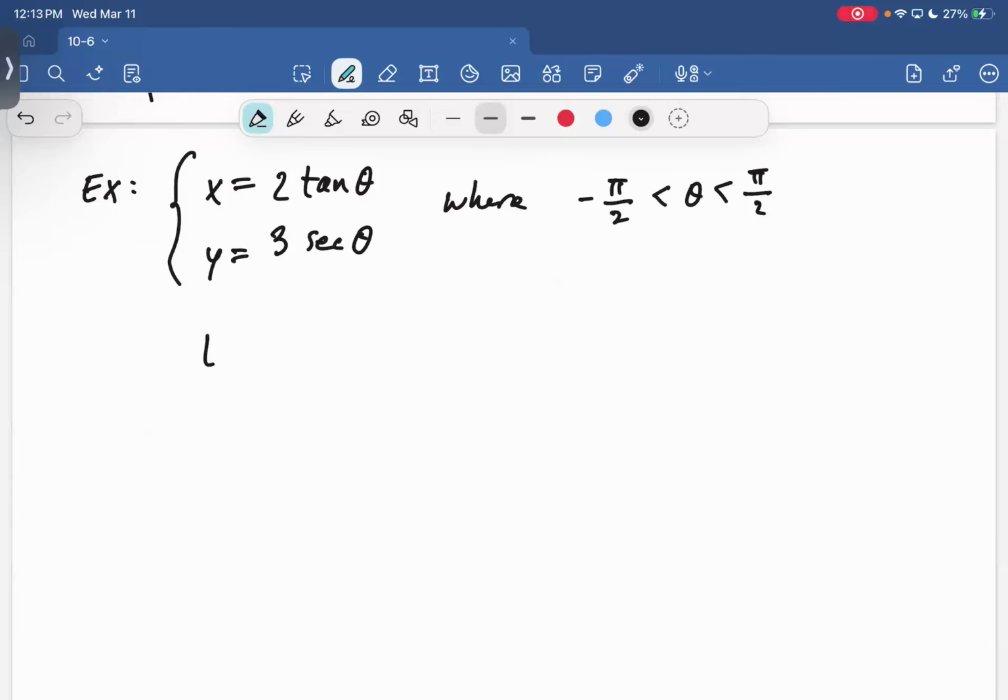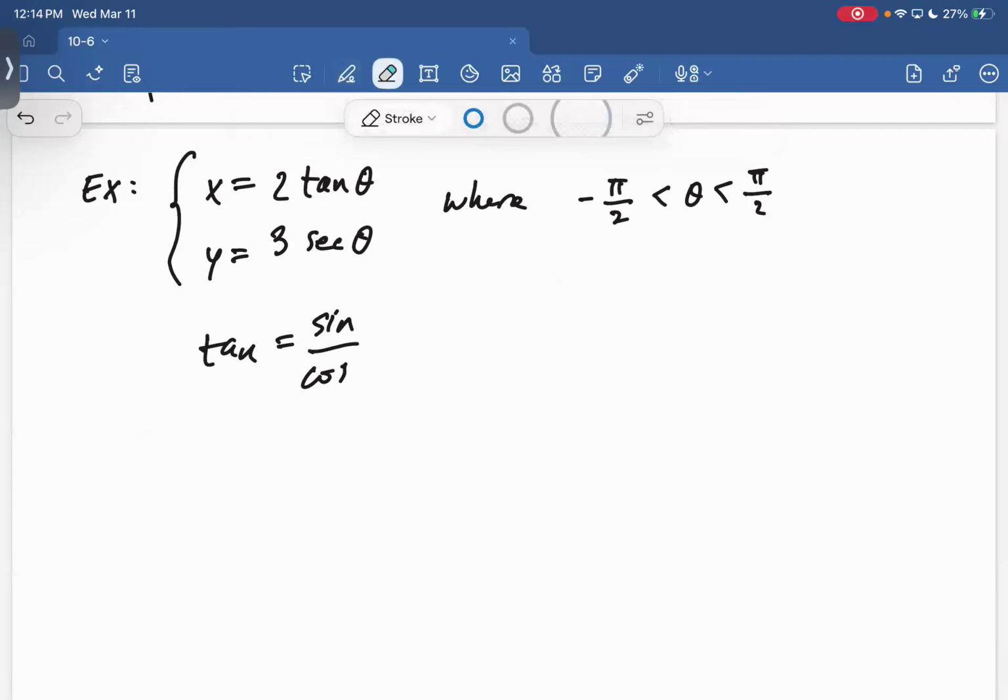Right? Tangent equals sine over cosine, and cosine equals 0 at pi over 2, which means that tangent will be undefined. And so we need to restrict theta to a certain range. And logically, you can think about this because a hyperbola has two branches, right? And so as theta crosses over the undefined part, it's going to hop over to the other branch. So there's a discontinuity. That's a big word that you'll see in calculus a lot.